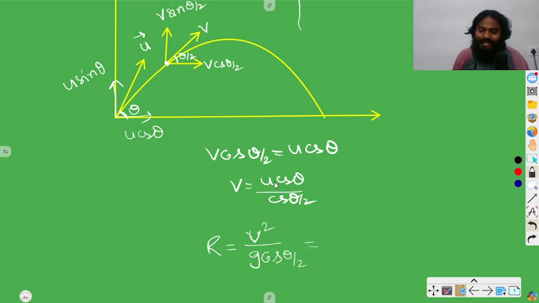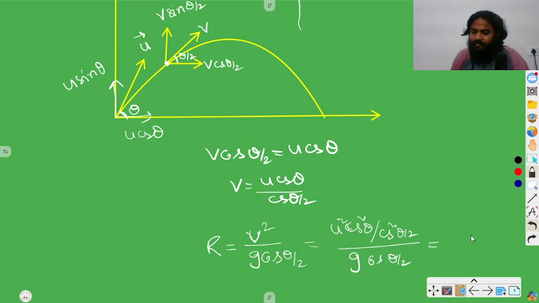What is the v value we got here? u square cos square theta by cos square theta by 2, divided by g cos theta by 2. So from this r is equal to u square cos square theta by g cos cube theta by 2.